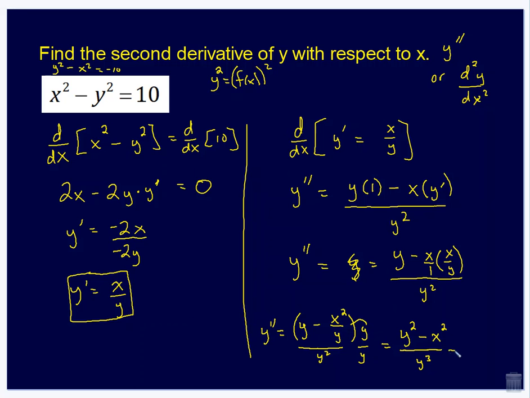And so if you wanted to do one last bit of simplifying of this second derivative, you could replace all of this numerator with just simply a minus 10. And this could be your second derivative. Not that there's anything wrong with the other form. So if you're working in my math lab or whatever, I think either answer is fine. This is a neat way to simplify it quite a bit more, but I just want to point that out.